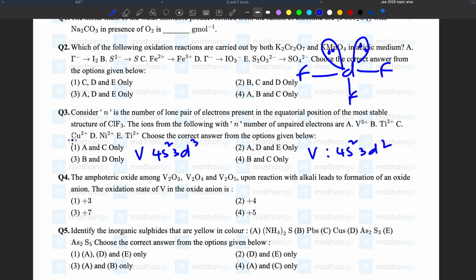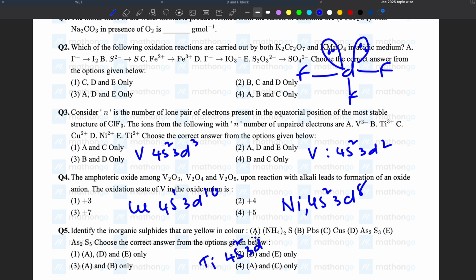Copper we know, 4s1 3d10. Nickel is 4s2 3d8. So this is titanium, right?